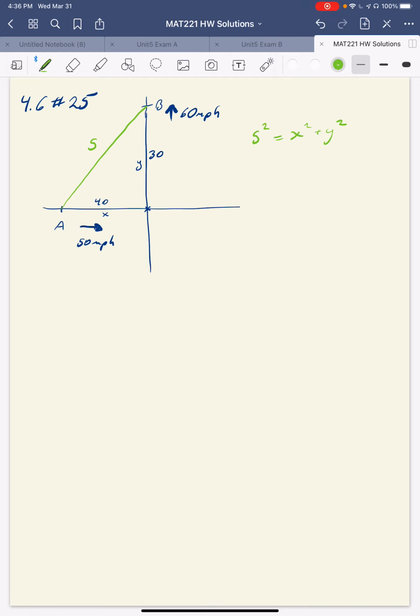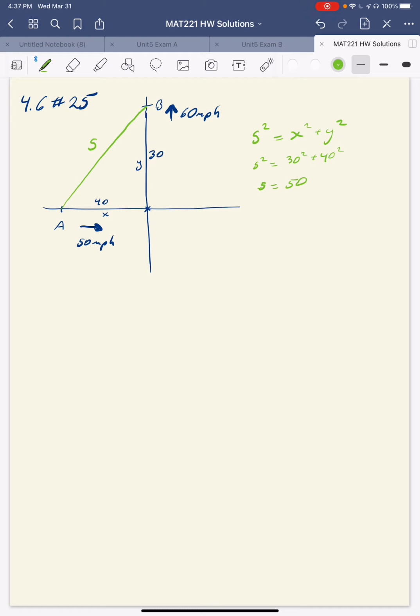So S squared equals 30 squared plus 40 squared, which gives us that S is equal to 50. For those of you who remember, that's a 3, 4, 5 triangle. If you don't remember, you can just plug that into a calculator and end up with S equaling 50 at the time when A is 40 miles away and B is 30 miles away.